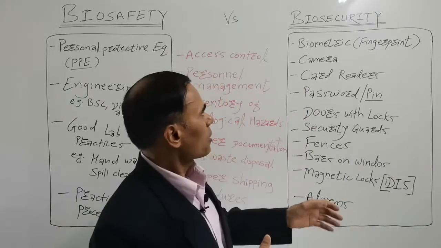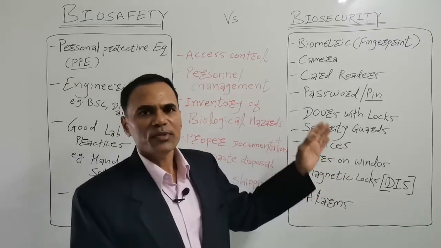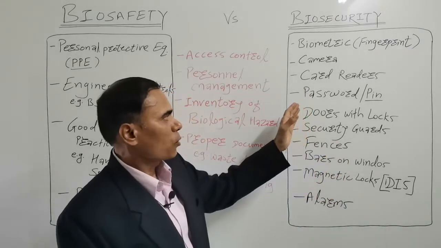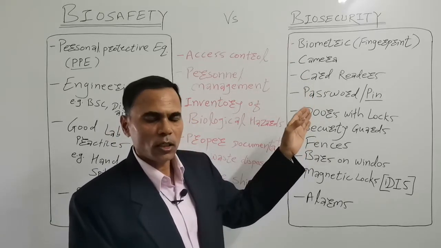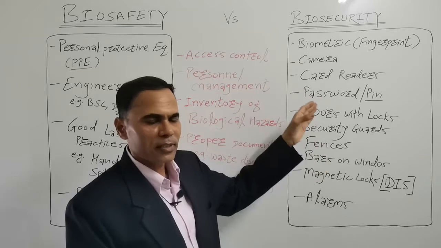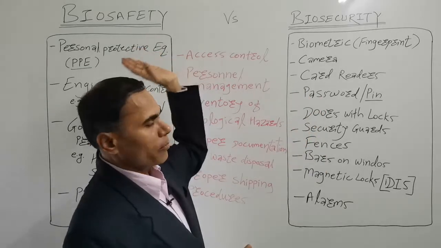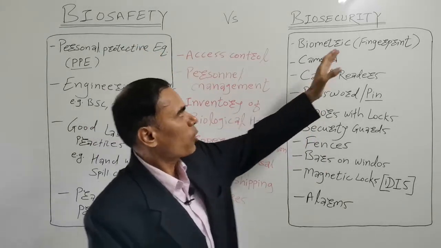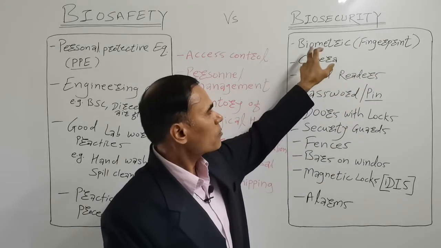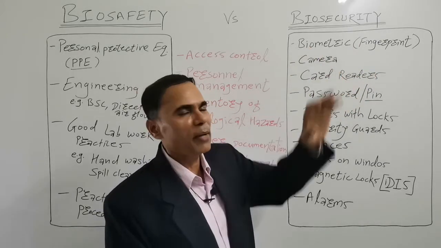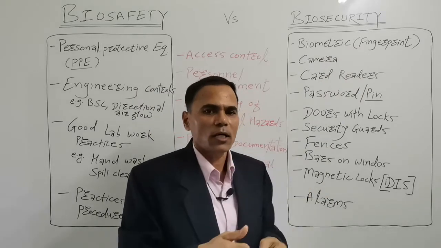Now we'll see the biosecurity specific features, which are unique to biosecurity, and this is a fundamental difference between biosafety and biosecurity. For example, for biosecurity purposes, there is the implementation of a biometric or fingerprint system.